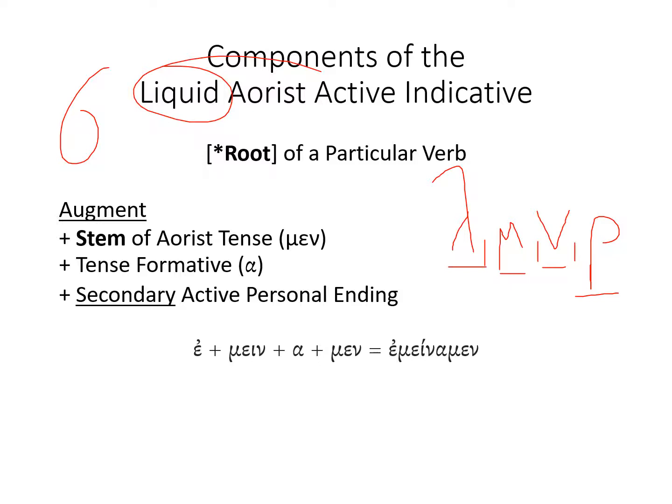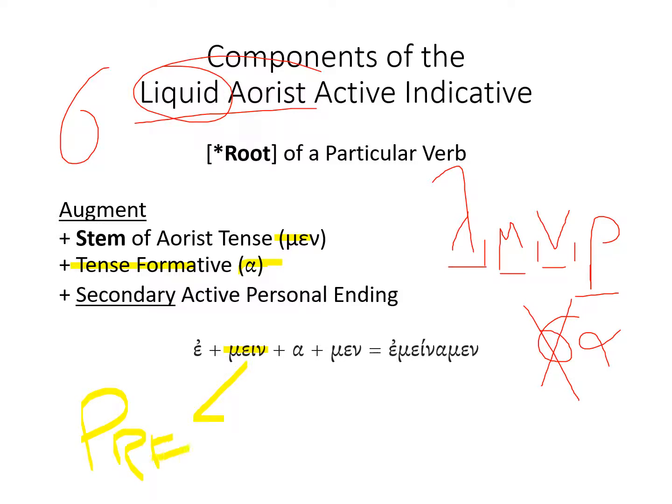Because it's difficult to pronounce one of those letters and then follow it with sigma alpha, what happens is that the liquid aorist just drops the sigma, and instead we have just the alpha as our tense formative. So we have our aorist stem here, and men is our stem, and notice there's a bit of a lengthening to mein, and normally that lengthened stem reminds us of the present, right? Because it's the furthest from the root.